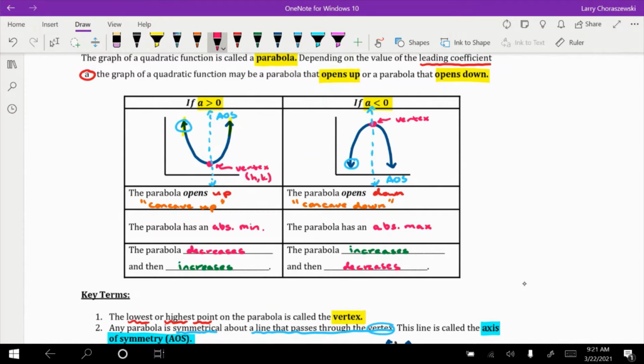So right underneath this point on the x-axis, the value of the tick mark that corresponds to it would be given by h. And that's also the same spot on the x-axis where the axis of symmetry crosses. On the y-axis, if we go back to this point and travel over to the y-axis, that tick mark right there would be the value of k.